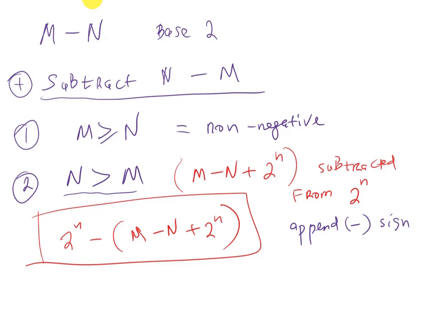The subtraction of a binary number from 2 to the n, to obtain the n-digit result, is called the 2's complement of the number.